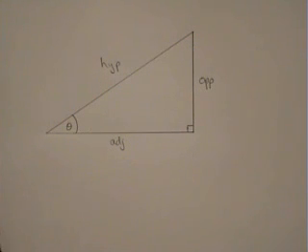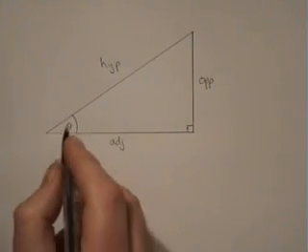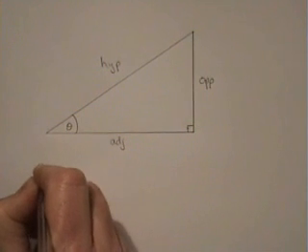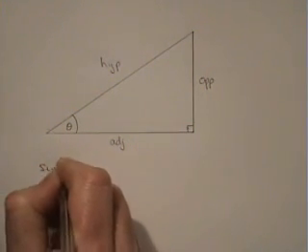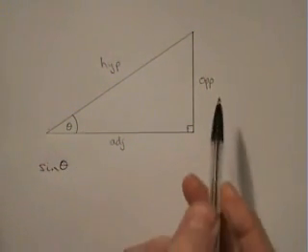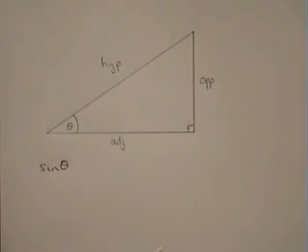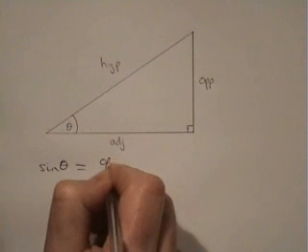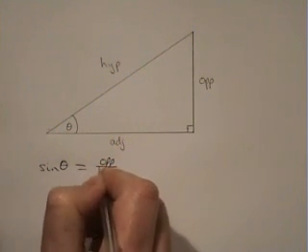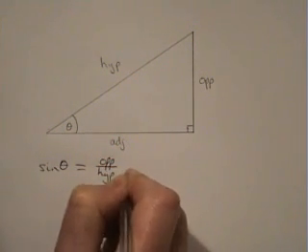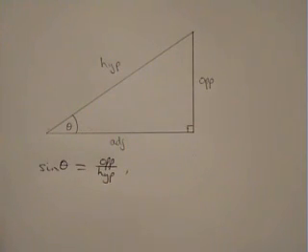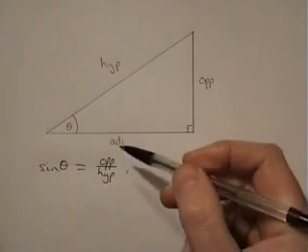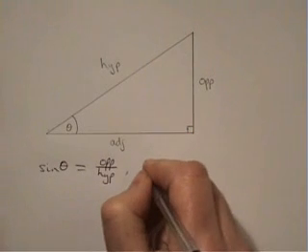And we need to remember the definitions that we learnt at GCSE, that sine of theta means the opposite side divided by the hypotenuse. The cosine of theta is the adjacent divided by the hypotenuse.